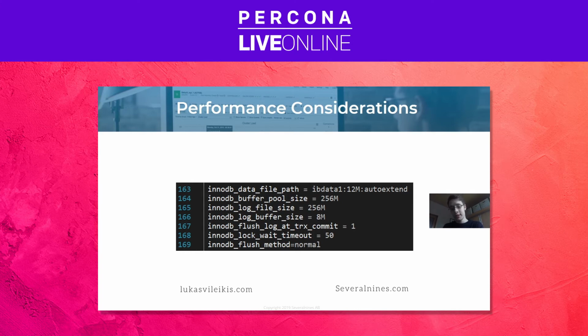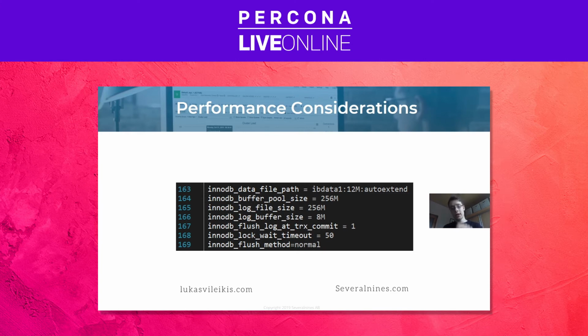If you set the InnoDB buffer pool size to 4 gigabytes, it is safe to set the InnoDB log file size to, for example, 1 gigabyte, up to a quarter of the buffer pool size. That would be a very nice thing, and it would improve the performance of your MySQL InnoDB engines.